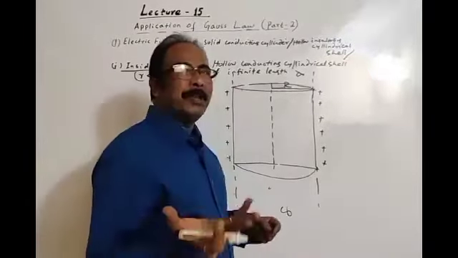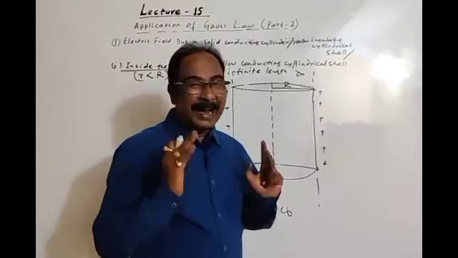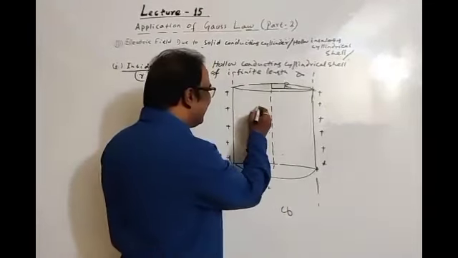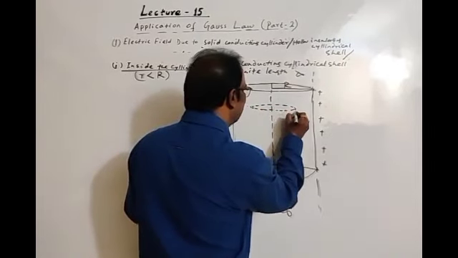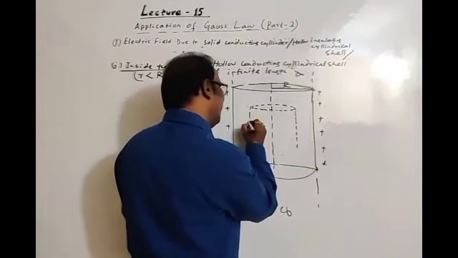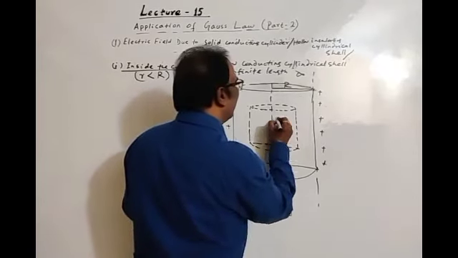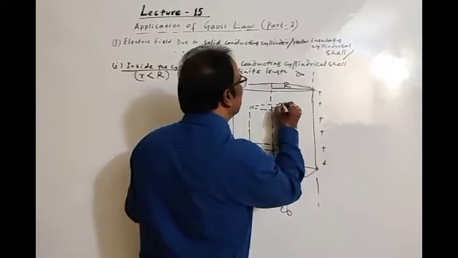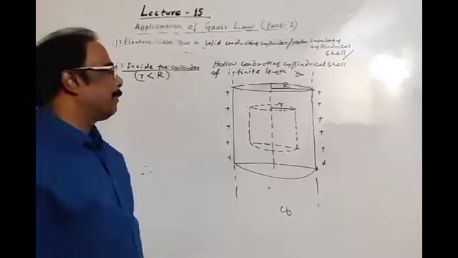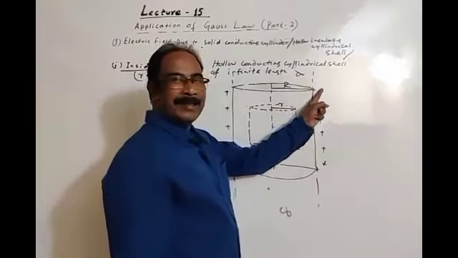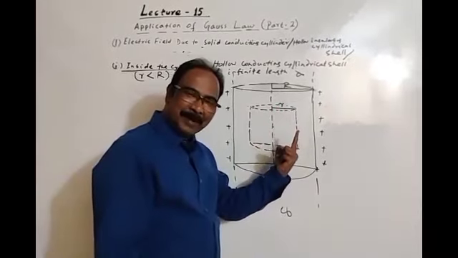Okay, our first step, let's imagine a Gaussian surface inside the cylinder. So this is the axis of the cylinder. Let's imagine this is the Gaussian surface inside the cylinder. The radius of this Gaussian surface is small r, and here small r is less than capital R. This radius is capital R, and the radius of this imaginary Gaussian surface is small r.